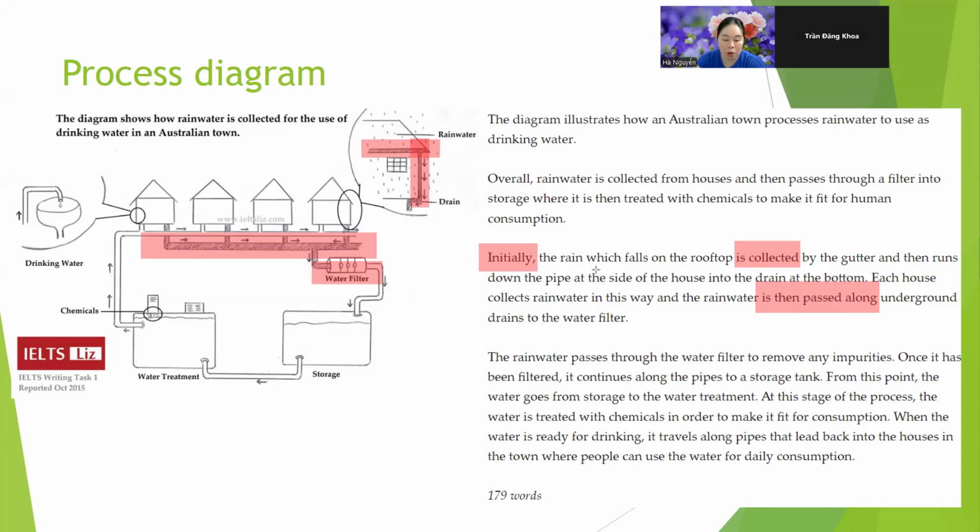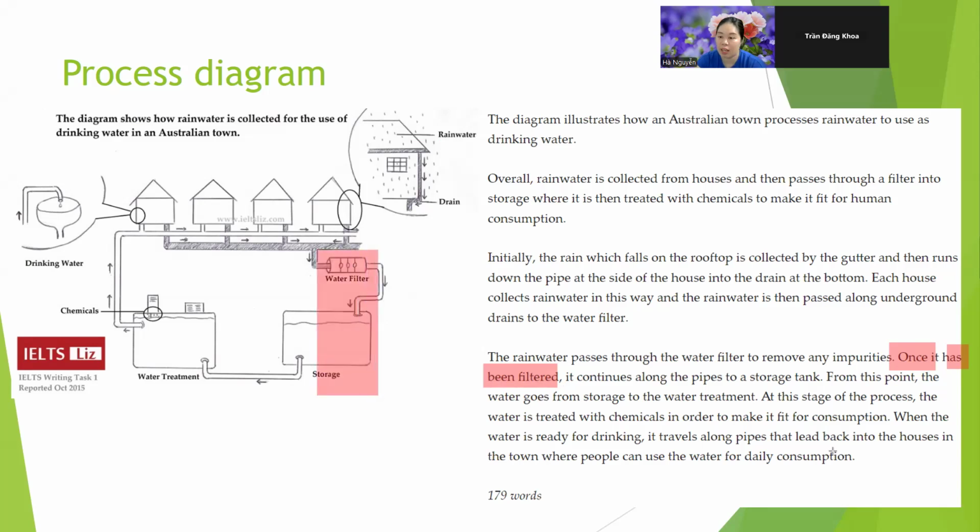Now, body 2. The rainwater passes through the filter to remove any impurities. So that is an active sentence. Now, "once" is also a very interesting structure. Remember to use it in process writing. Once it has been filtered, another passive voice there, passive voice in the present perfect tense, it continues along the pipes to a storage tank.